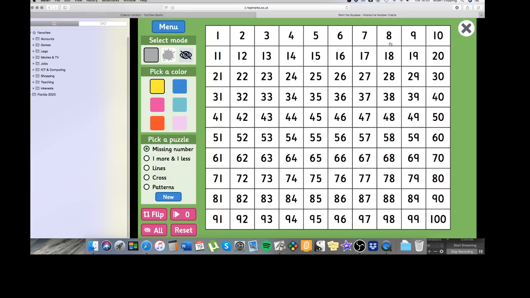So today I'm going to bring up, if I can, there we go. Here is a 100 square. Okay, so I'm going to put it onto splat mode, and I'm feeling in a blue mood today. So we're going to put blue. So we're going to count in 5s from 0. Now 0 would be here.